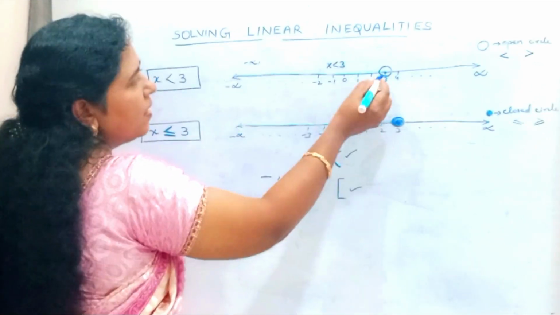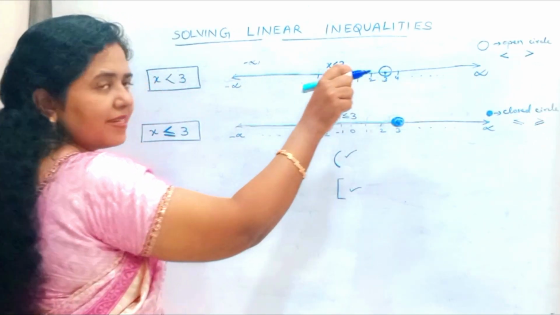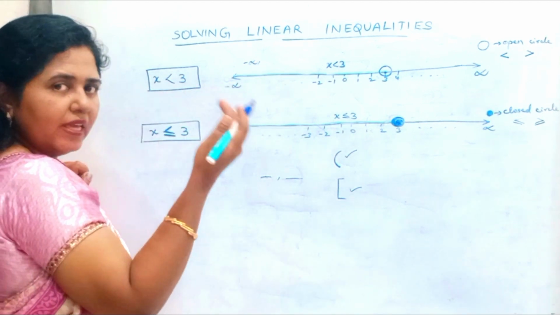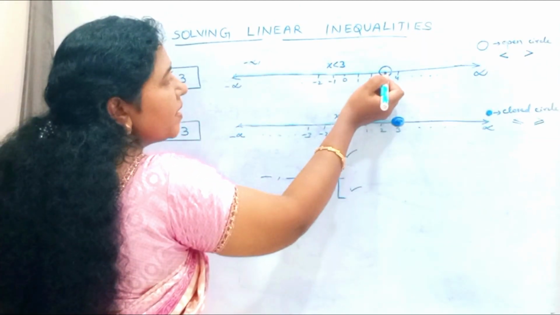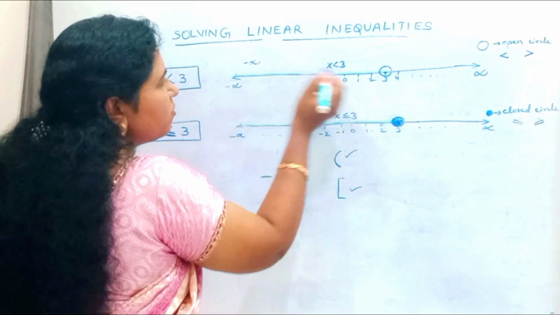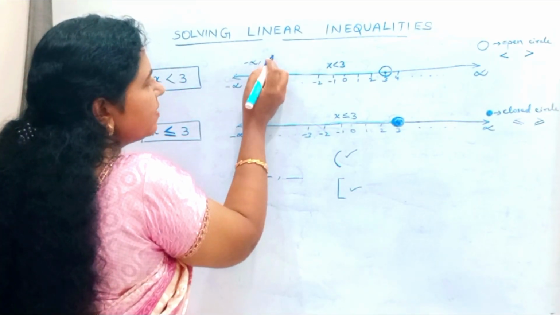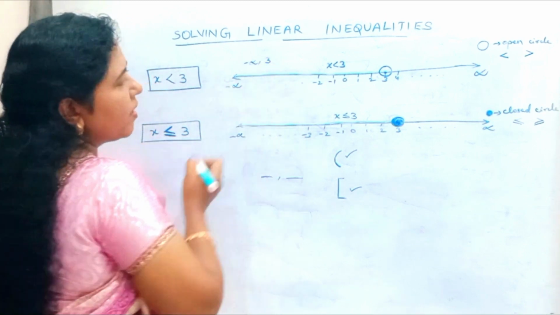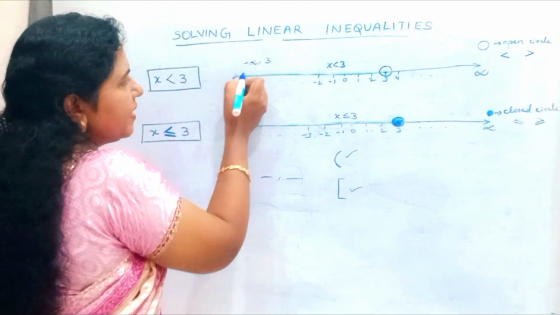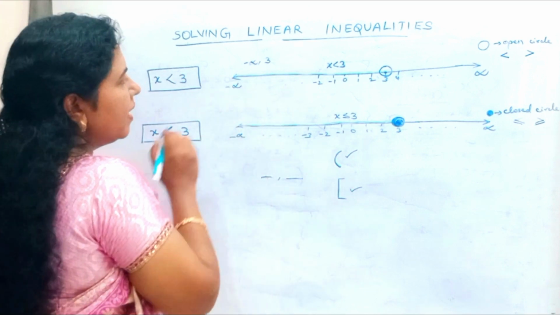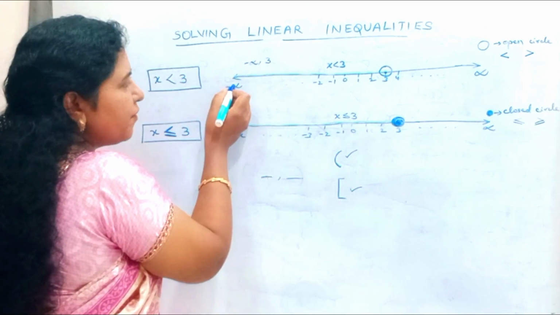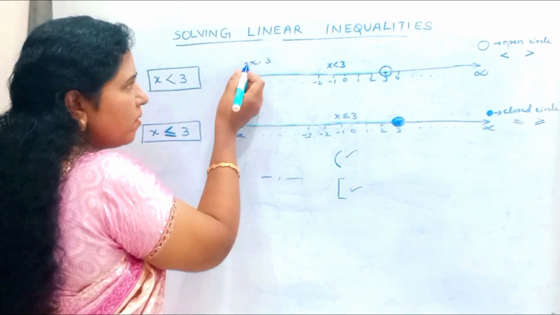Already we know that when we are moving towards the right hand side, the values keep increasing. So this is the maximum value compared to these two values, so that should be written on the right hand side. That is the upper value or the maximum value. So minus infinity, comma 3. Now here minus infinity is also not included.